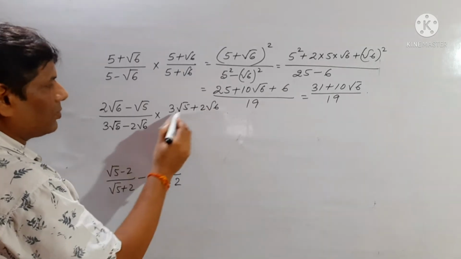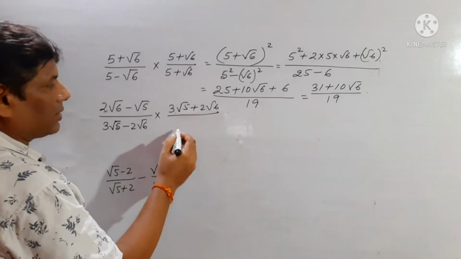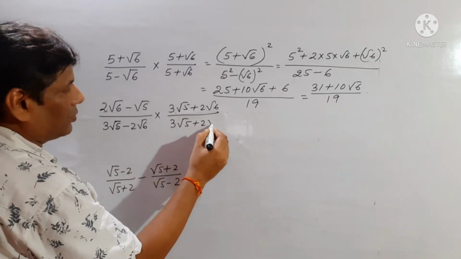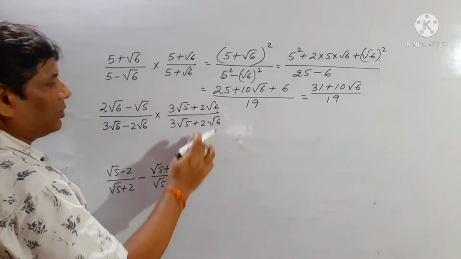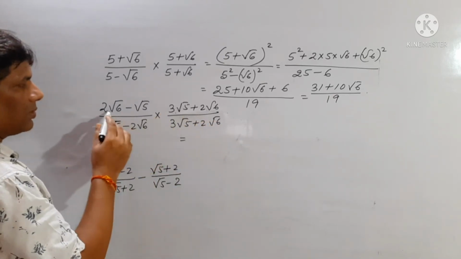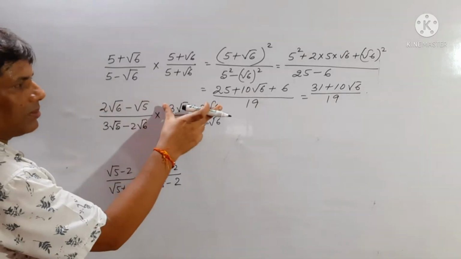Here it is minus, so multiply by changing the sign to plus: 3 root 5 plus 2 root 6 here also. So this becomes just this number, and this number is totally different.